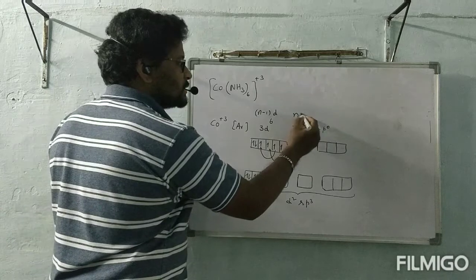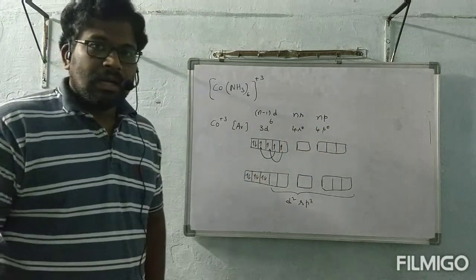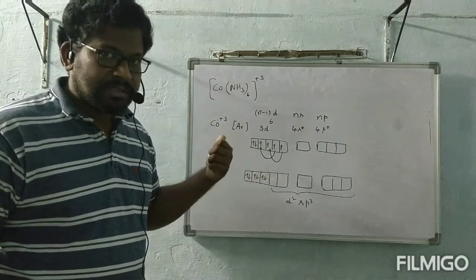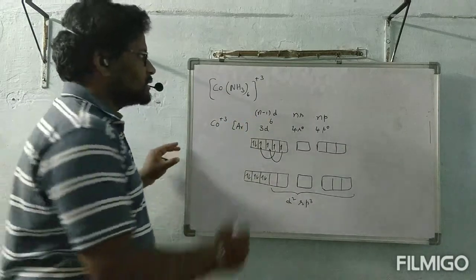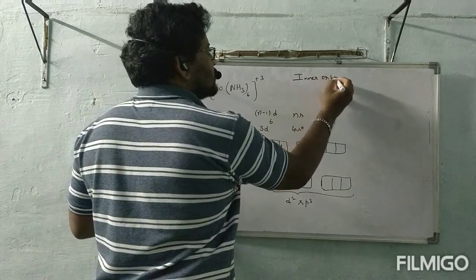Next, this is ns and this is np. The outer d orbitals are not involved in hybridization in this complex; the inner d orbitals are involved. That's why this complex is called an inner orbital complex.